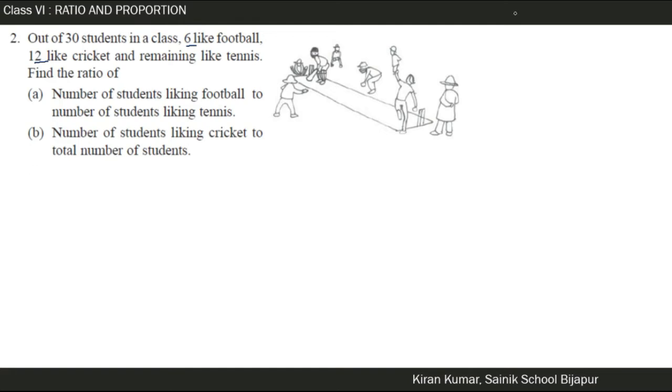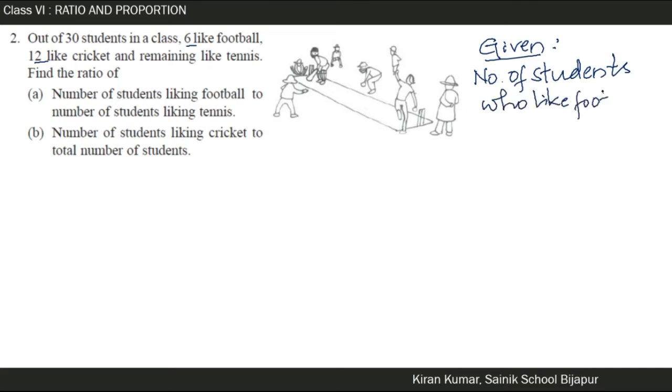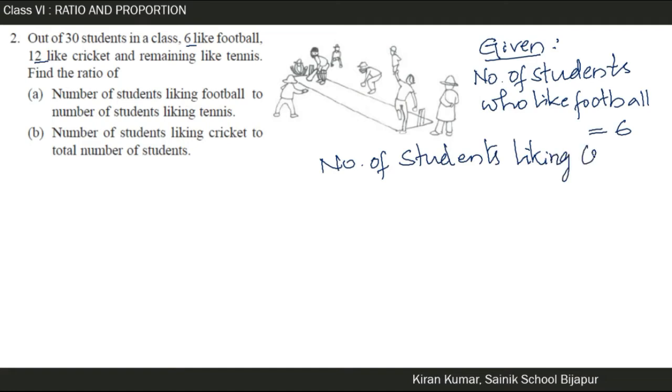Here, let me write down the given. The given things are the number of students who like football, which is 6, and the number of students liking cricket, which is 12.